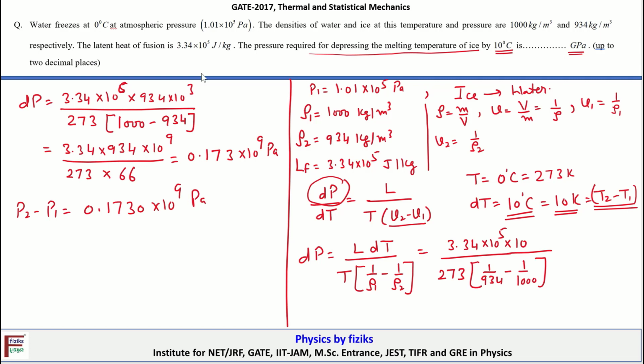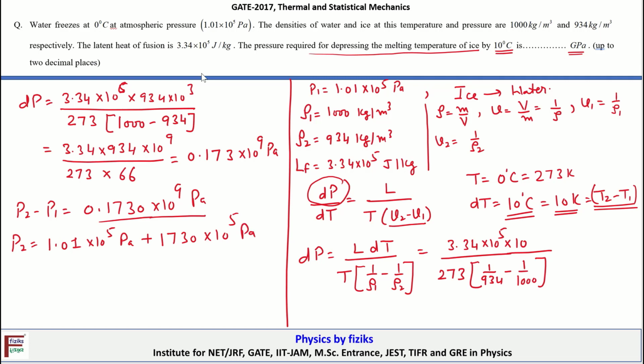Because the atmospheric pressure is of the range of 10 power 5 Pascal, the new pressure P2 will be P1 plus this quantity dP. So P1, I am writing the direct value, that's 1.01 into 10 power 5 Pascal, plus this value dP, which I will write in terms of the power of 10 power 5, that is 1730 into 10 power 5 Pascal.